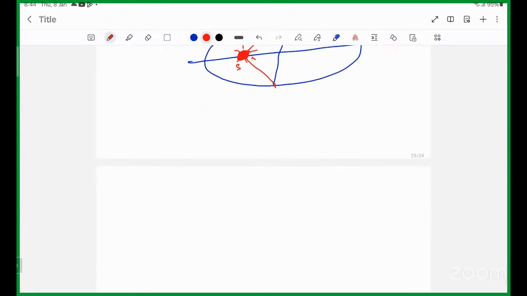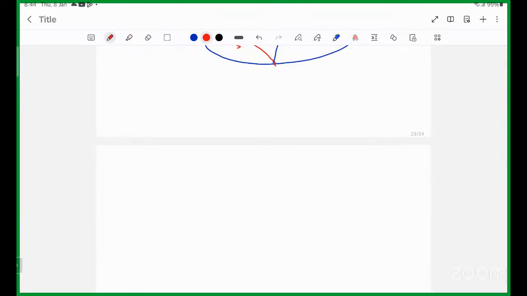What does the second law state? We call it the law of area.